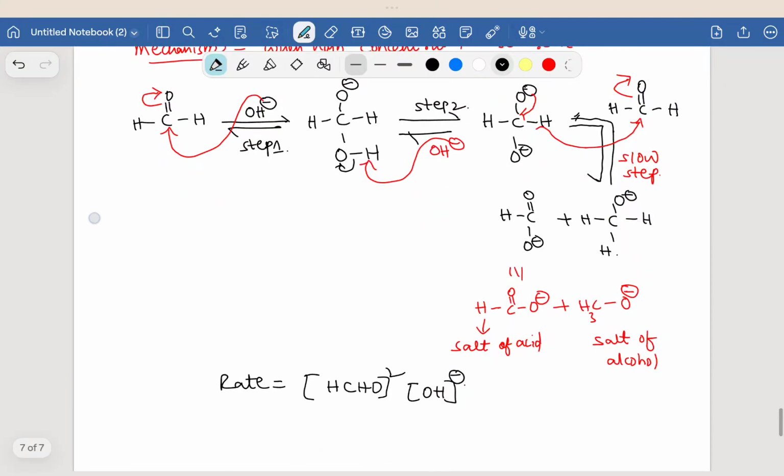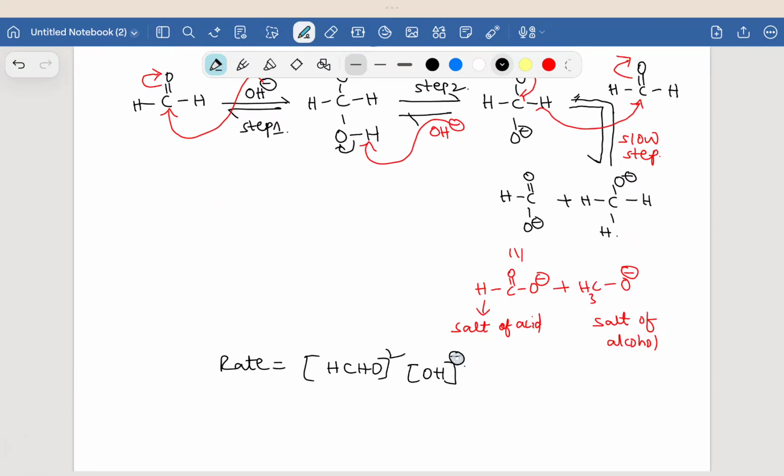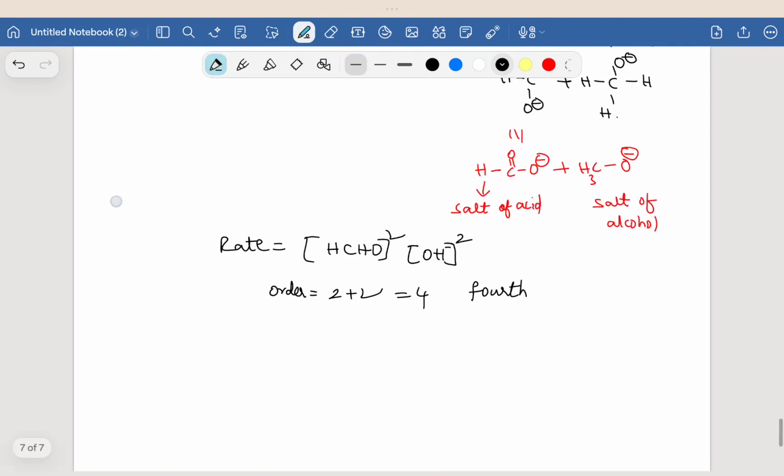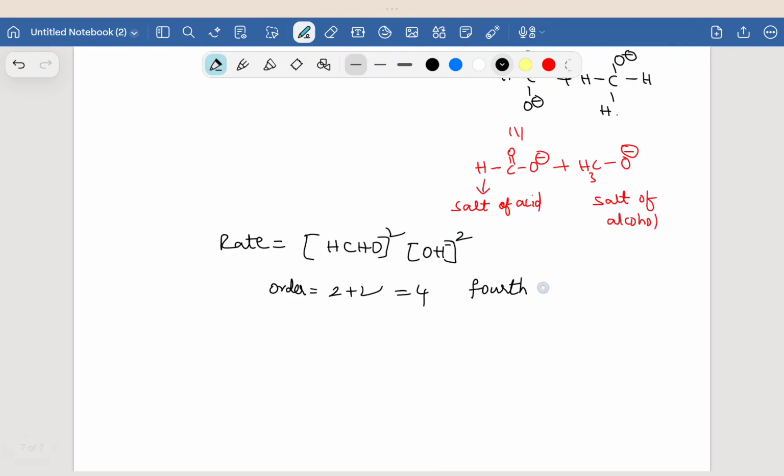So there are two OH minus. 2 plus 2 is equal to 4, so the order is four. It is a fourth order reaction. In the Cannizzaro reaction, when we use a highly concentrated base, it is called a fourth order reaction.